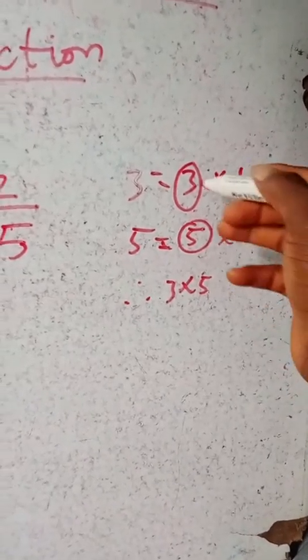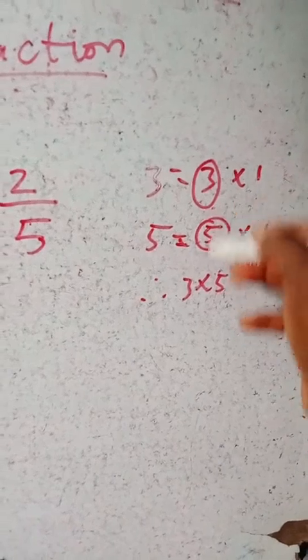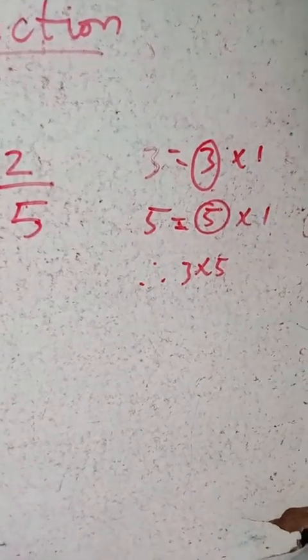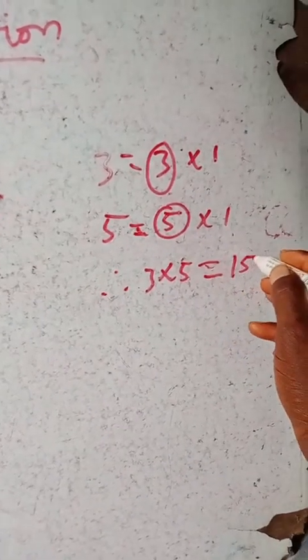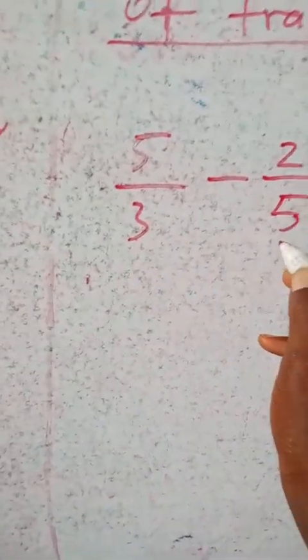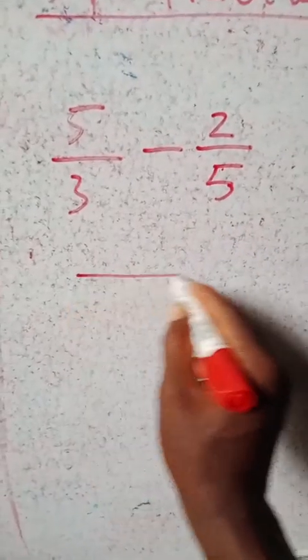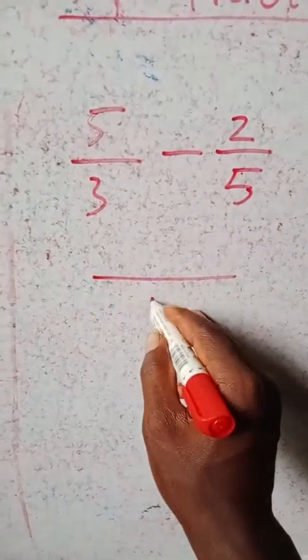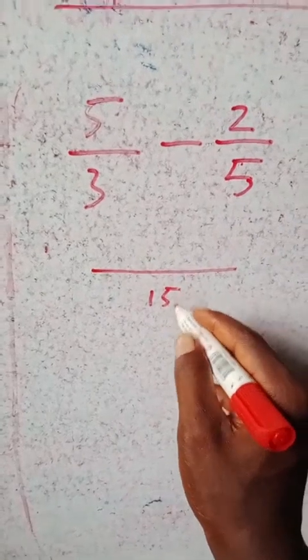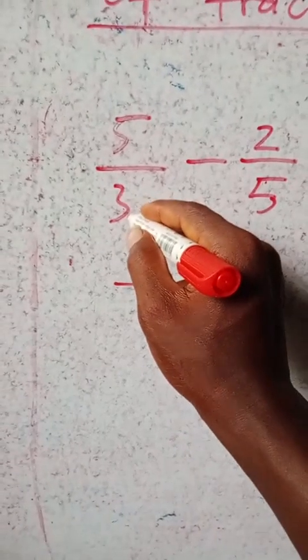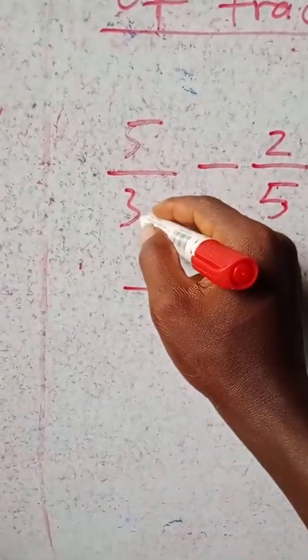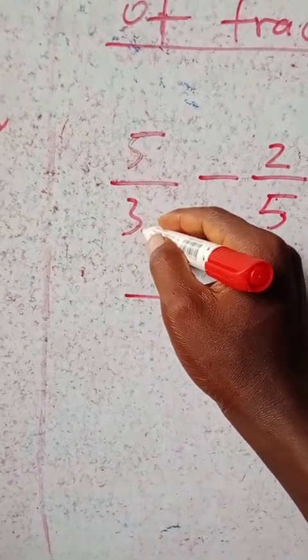Okay, so this one is not common, this one is not common, so you multiply the 2 together. So 3 times 5 is what? 15. So the LCM of 3 and 5 is what? 15. So you draw a line, write 15, okay, and you say 15 divided by 3. 15 divided by 3 is 5.